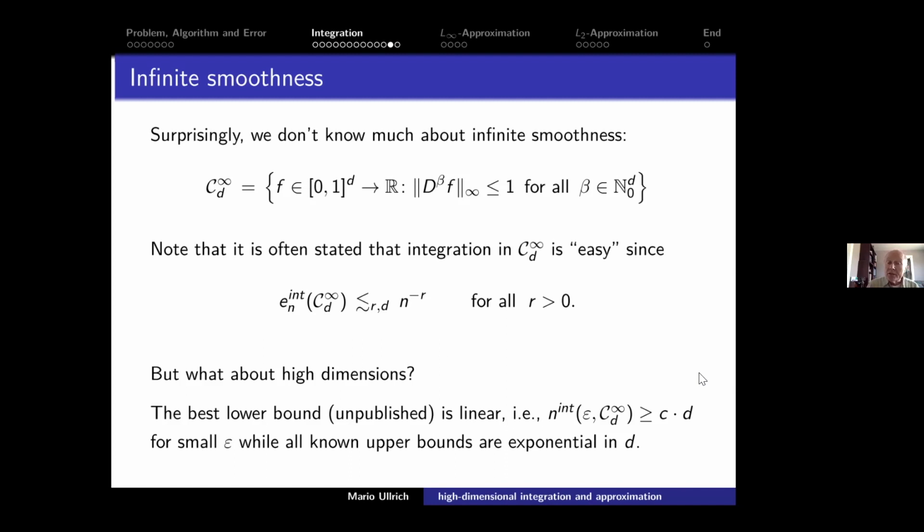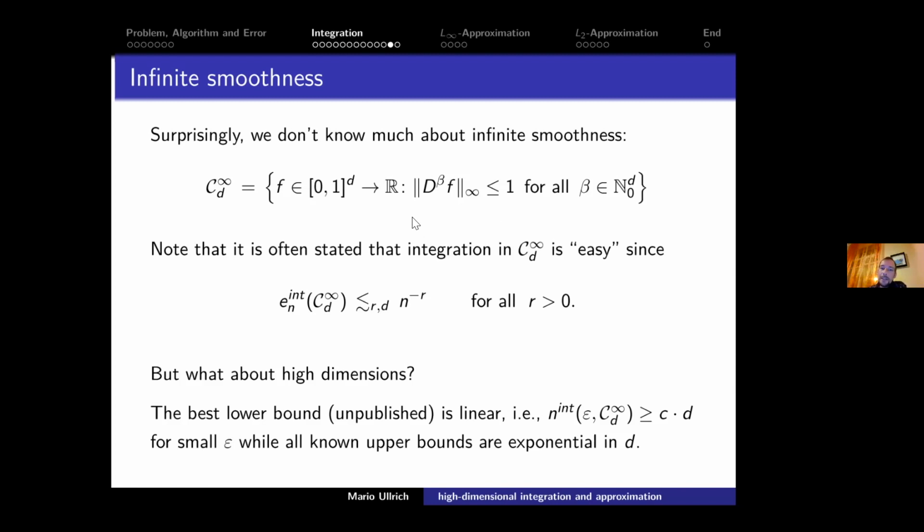But in your case, it clearly affects because you need the derivative condition for all beta. So if you have something for the cube [0,1]^d, then if you change this to the cube [0,2]^d, it will be an absolutely different story. Yes, that's the main problem here.